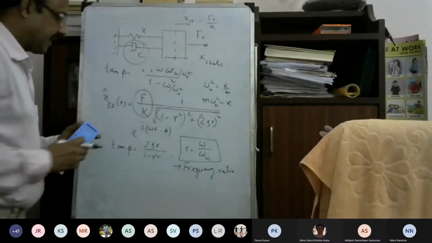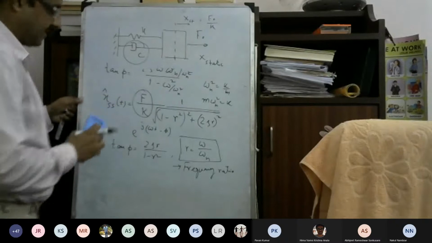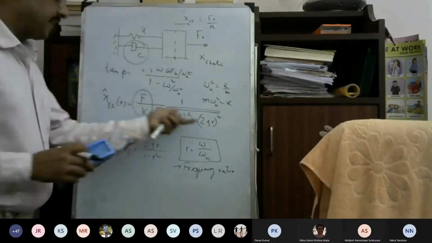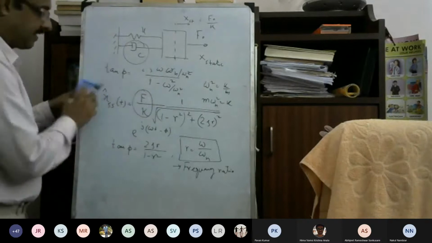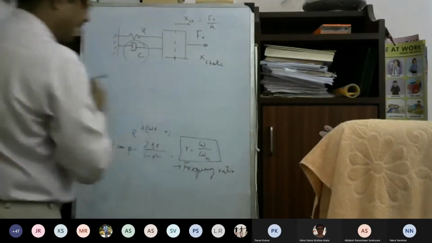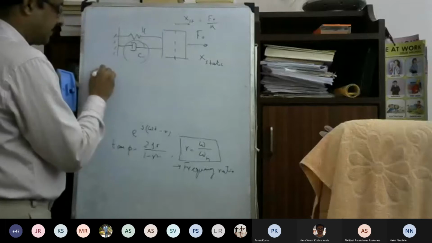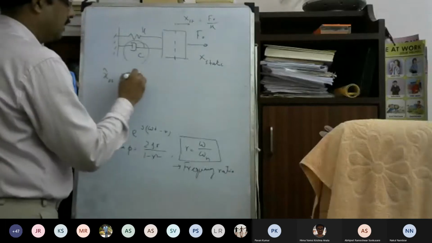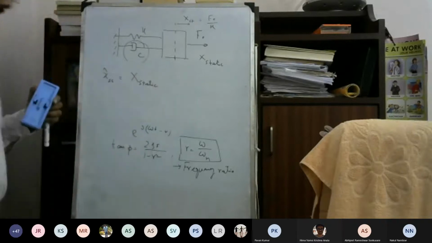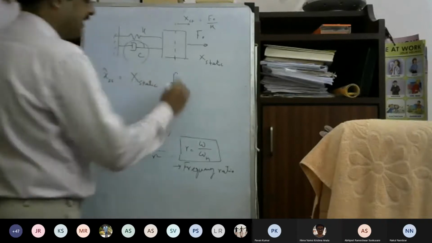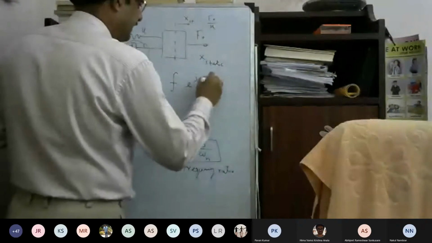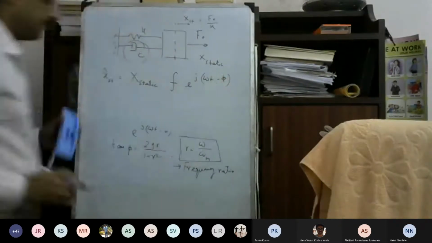So what we see here is that this one is the static displacement, but now it is multiplied by a factor. So let me write it down again. x static is equal to F by k times a factor F and e to the power j omega t minus phi.